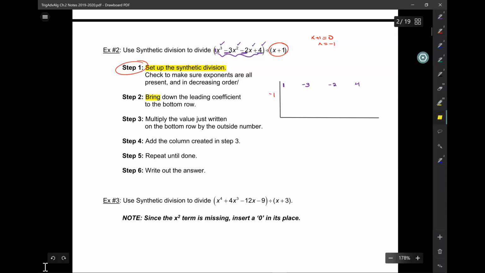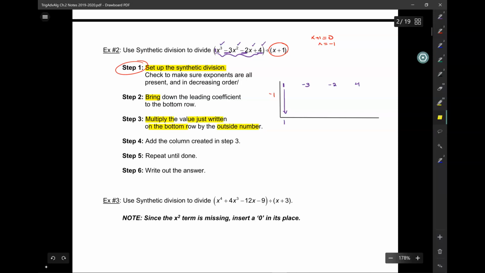Bring down the leading coefficient to the bottom row. So basically that first one comes down here for free. That's the bottom row, right underneath that horizontal line. Next, multiply the value just written on the bottom row by the outside number.